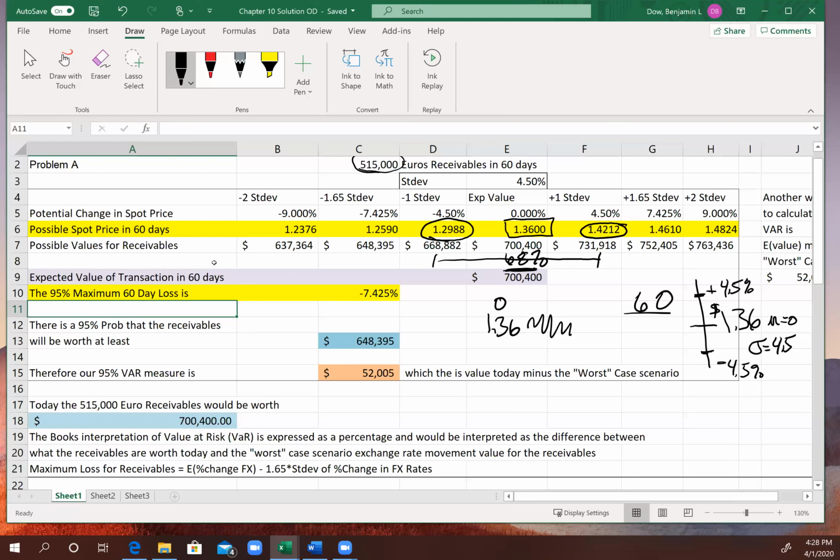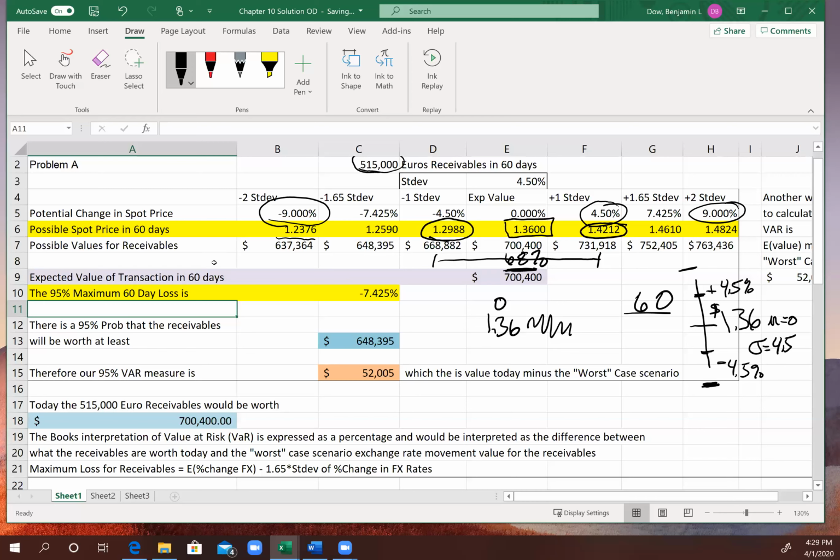What if you wanted to do two standard deviations? Well, if one is 4.5, two would be 9. So if you wanted to be 95% certain, you could go out two standard deviations. 9% more than $1.36 would put you at 148.24. 9% less than $1.36 would put you at 123.76.